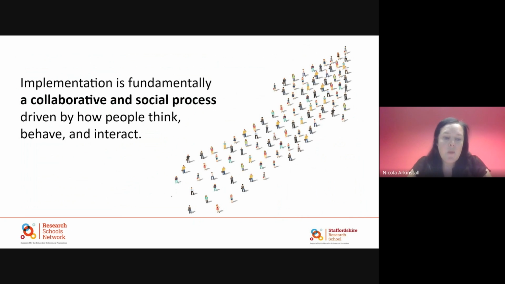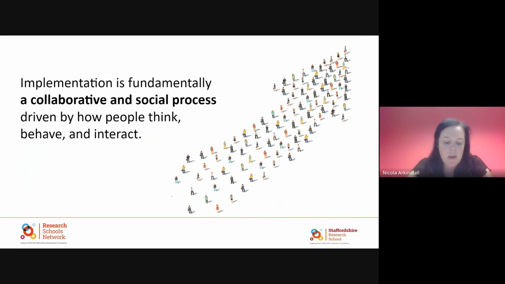So really what it resulted in was that implementation is fundamentally a collaborative and social process, and it really is driven by how people think. So what they think about your subject area, the changes you want to make in there, how they behave in their classrooms, what strategies they use, and also how they interact with each other to really make a difference in that subject area.